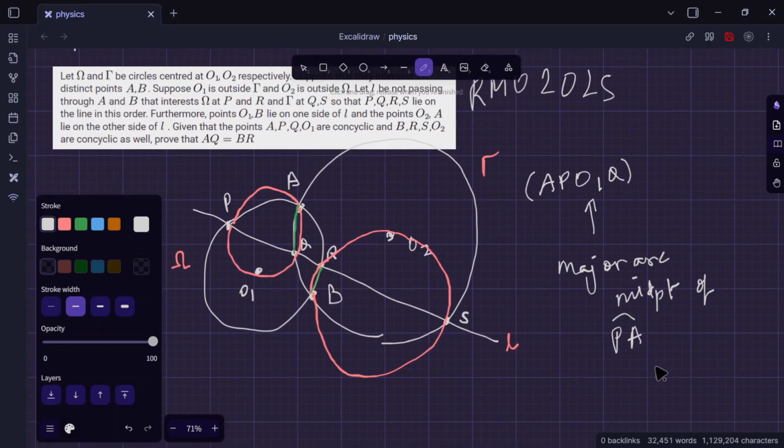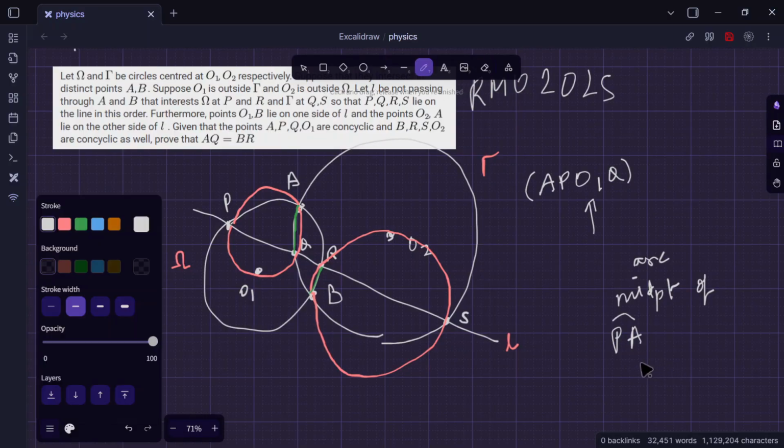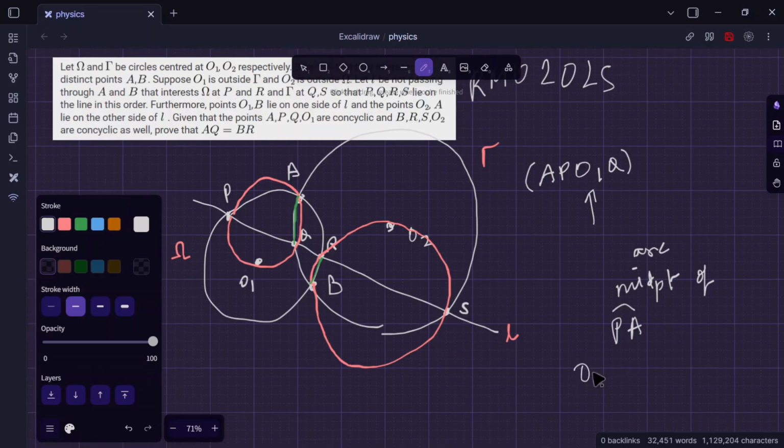And we don't really need the major part, it's just the arc midpoint. It doesn't matter which one. And why is this true? This is true because O1A is equal to O1P. So it has to be the midpoint of an arc, one of them at least. So these two lengths are equal and O1 is the arc midpoint.